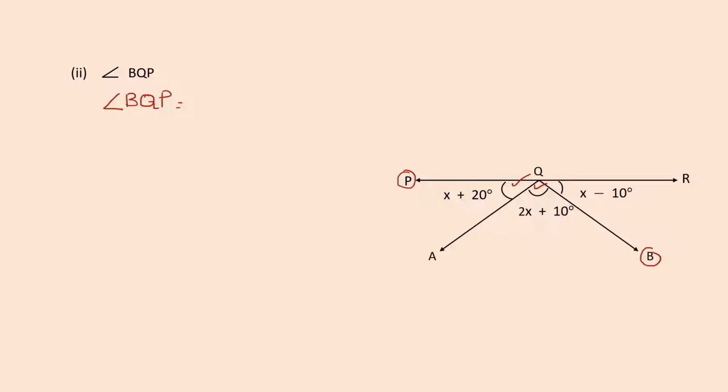What are the two angles? Angle AQP and angle AQB. Okay, so let's find out how to do that. Now AQP is x plus 20 and AQB is 2x plus 10.